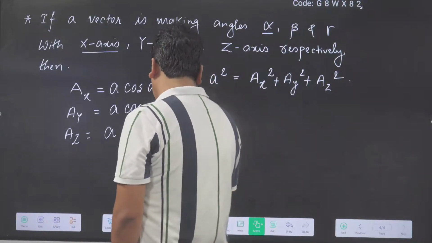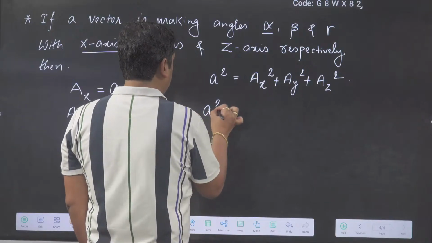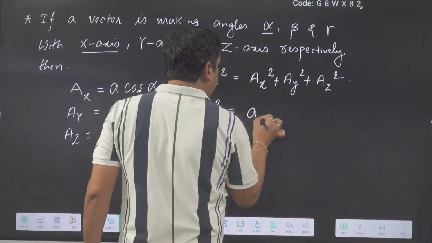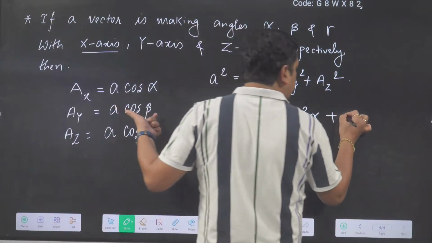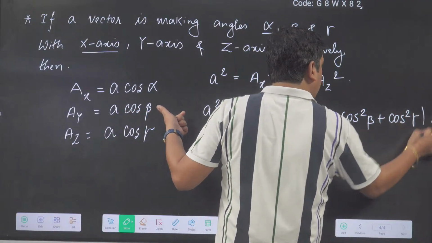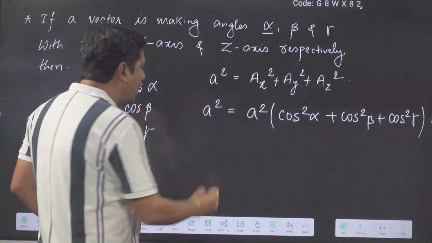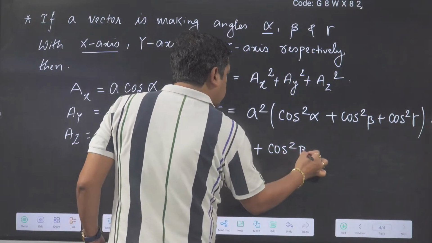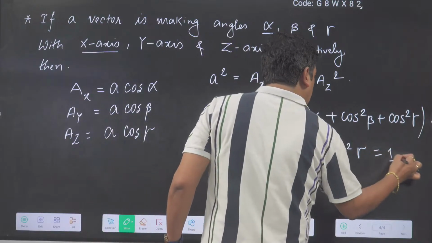If you put the values, ax is a cos alpha, take a square common, it will become cos square alpha. Ay is a cos beta, so it will become cos square beta plus cos square gamma. Then a square cancels. What we are getting: cos square alpha plus cos square beta plus cos square gamma is equal to 1.